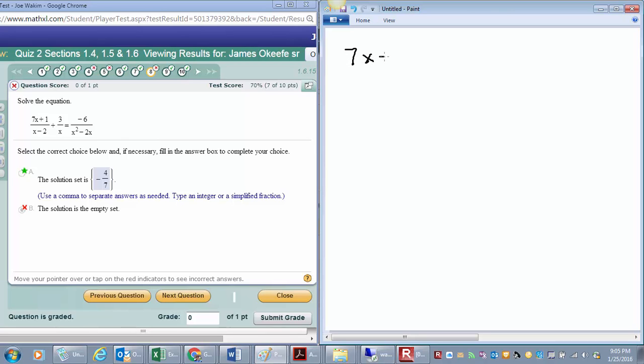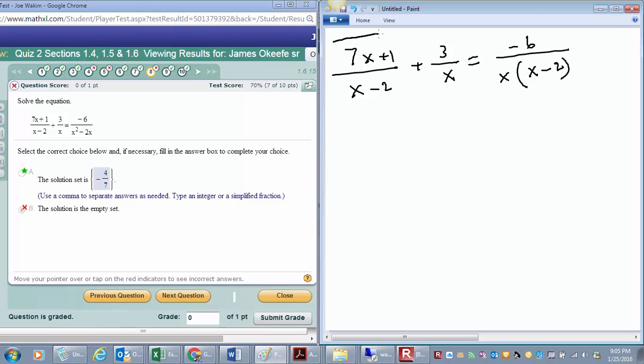So 7x plus 1 over x minus 2 plus 3 over x equals negative 6 over, take a common factor x, so it would be x minus 2. And in this case, you notice that x times x minus 2 is the lowest common denominator because it's divisible by each of the other denominators. So let's multiply everything by x times x minus 2.